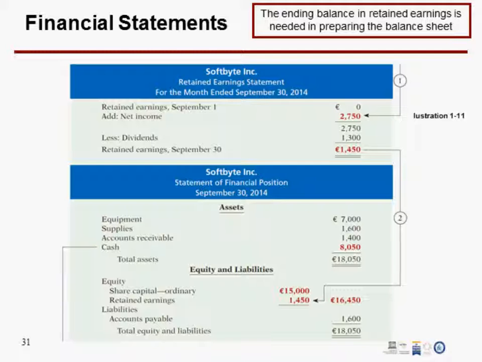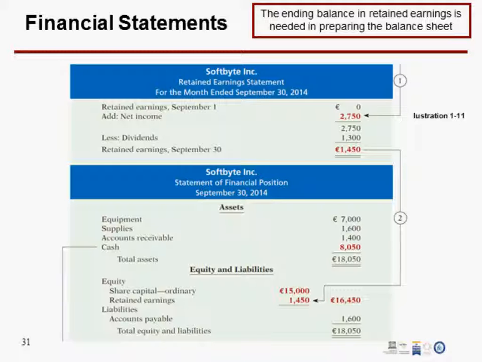So total equity is 16,450, and then there is a liability, accounts payable, that is 1,600. So 16,450 of equity and 1,600 of liability together come up to 18,050, which is exactly equal to the assets.